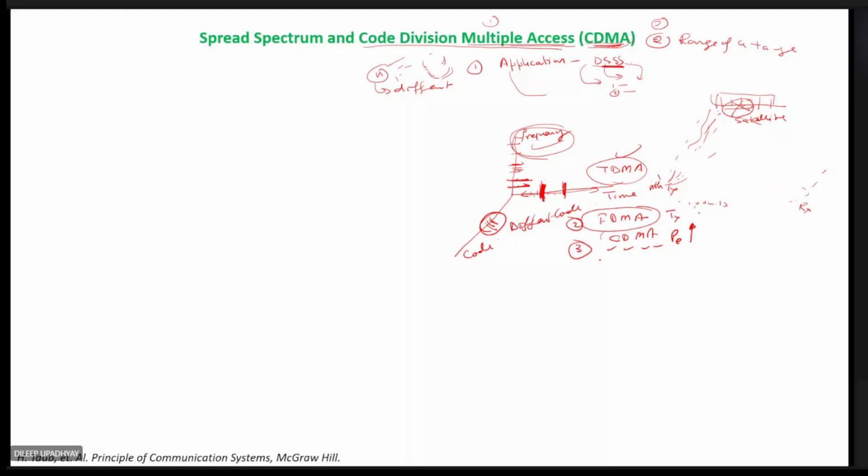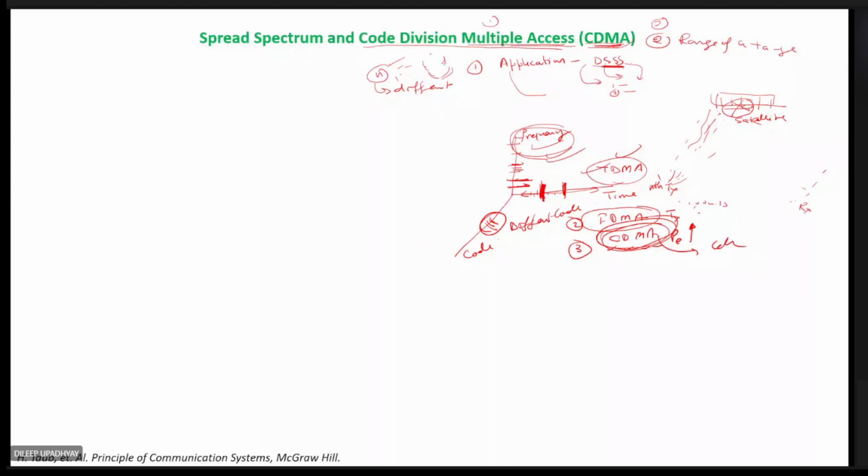Now, you will be studying these two in satellite communications. But since we are discussing the applications of DSSS, it finds very important applications as CDMA. Similarly, CDMA is being used in cellular telephony also.